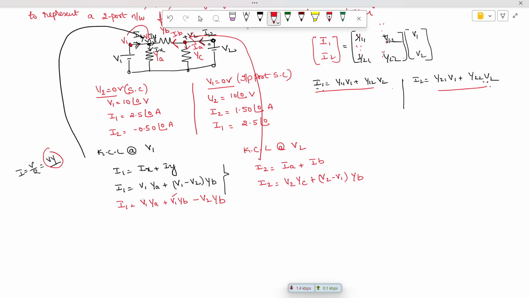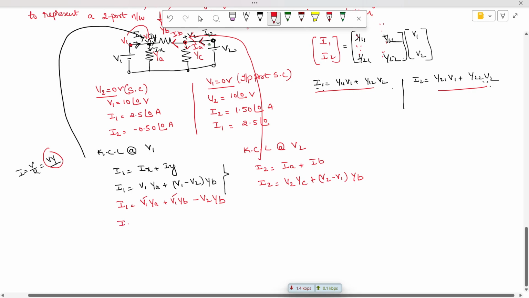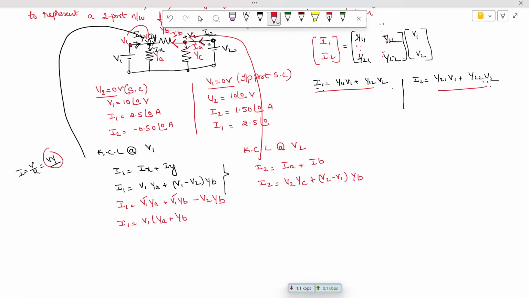Take V1 as a common term: I1 is equal to V1 into YA plus YB, minus V2 into YB. Here also, I2 is equal to V2 YC plus V2 YB minus V1 YB.